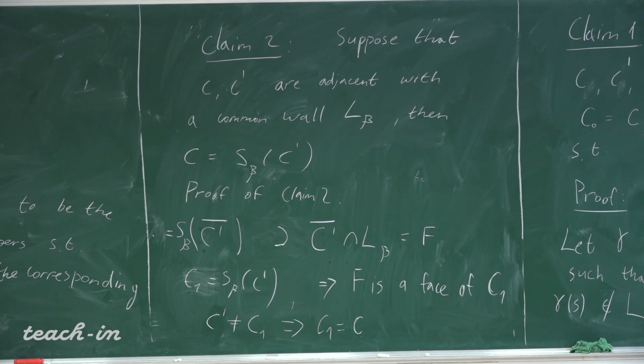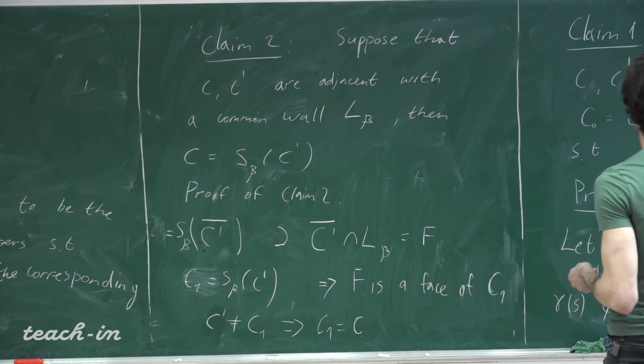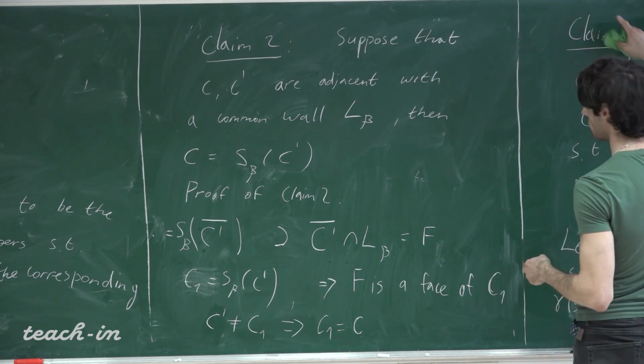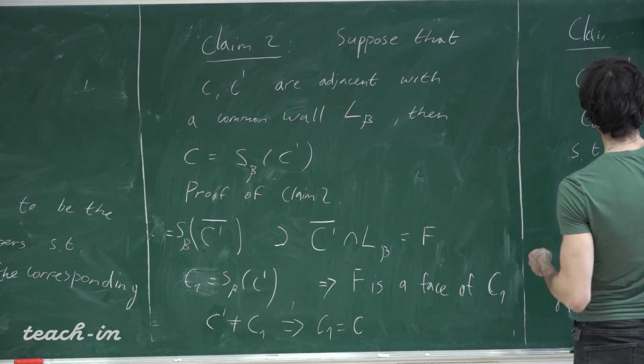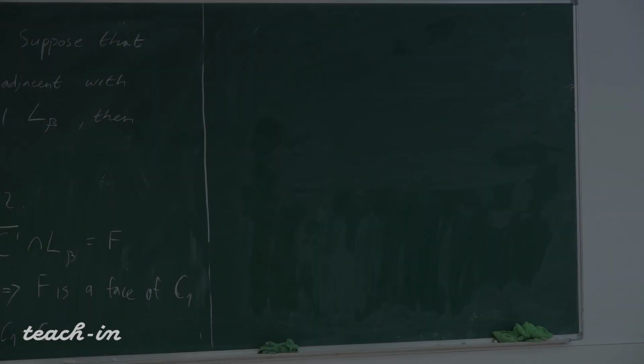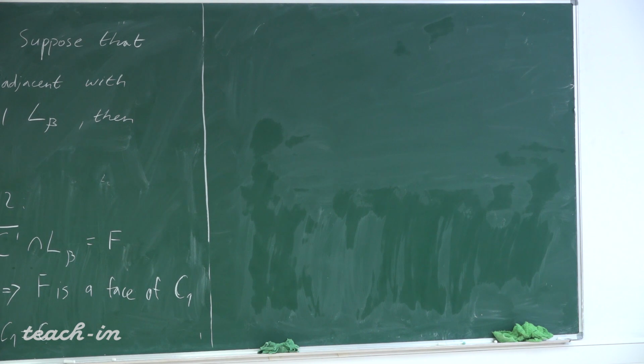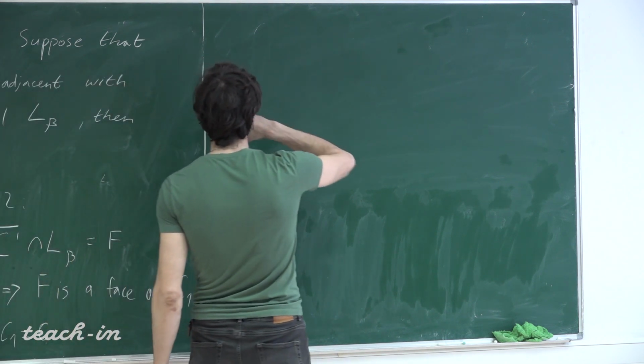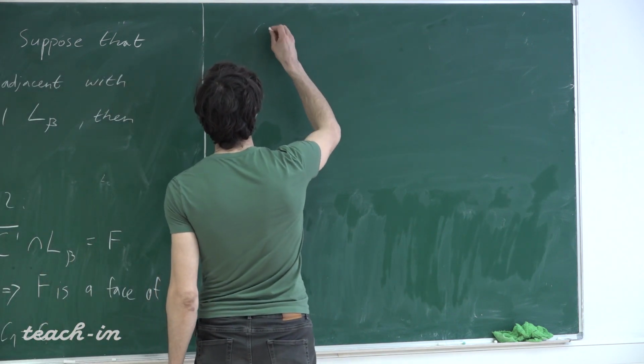Okay, so now we use these two claims to prove the proposition. The proposition, if you remember, was the following: the Weyl group acts transitively on the set of Weyl chambers. So now from claim 1 and claim 2, it's kind of obvious. So, continued proof of the proposition.